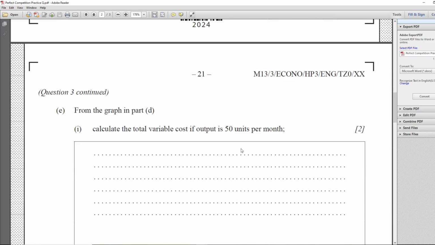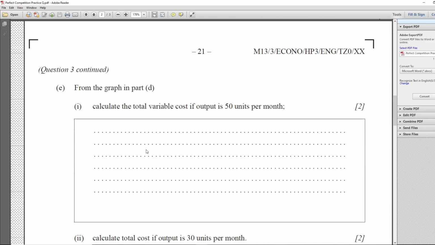Make sure that when you are writing the answer for a calculation like this, you write the working as well. You see here the 2 marks. One of the marks is for the working, and one of them is for the answer. If you just write the answer, then you will only get 1 mark.